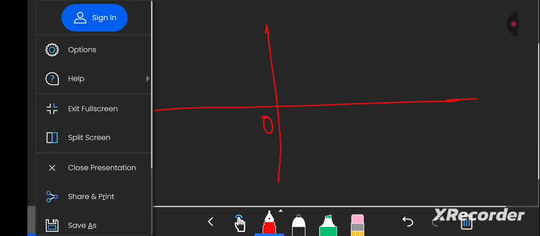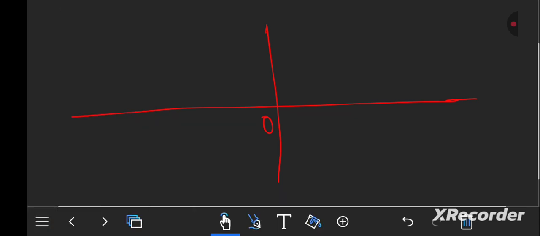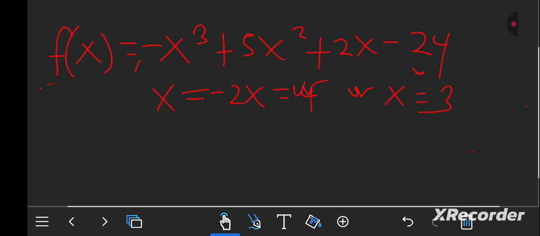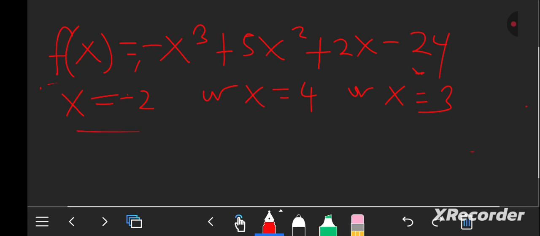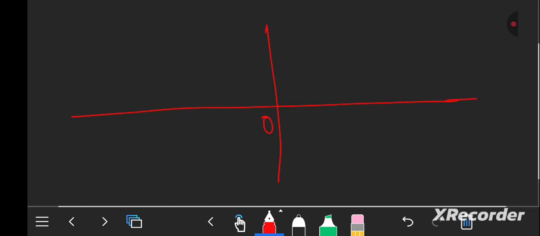Then you don't need to include all the numbers from 0 up to whatever infinity reach. You just concentrate on the values you have. So the values you have are x is equal to -2, x is equal to 4, and x is equal to 3. So you say this x-axis is acting as a number line.